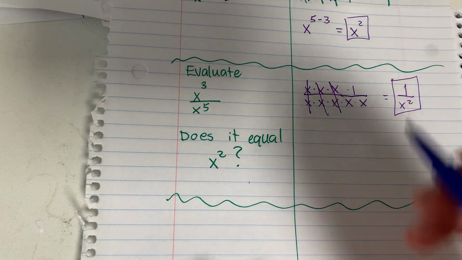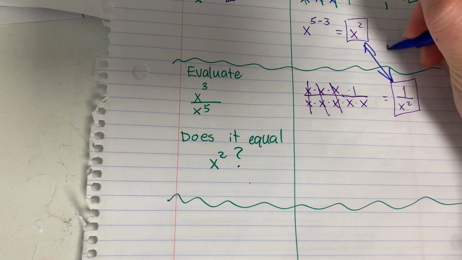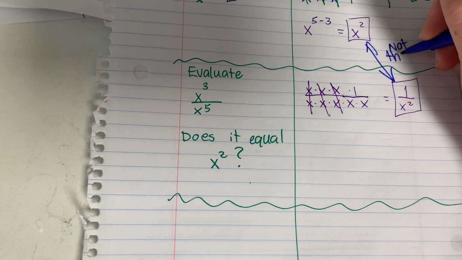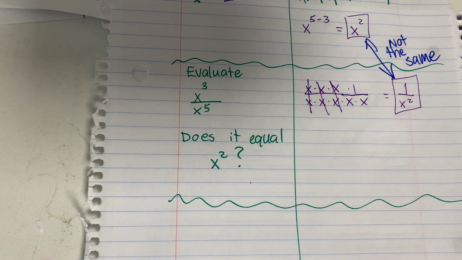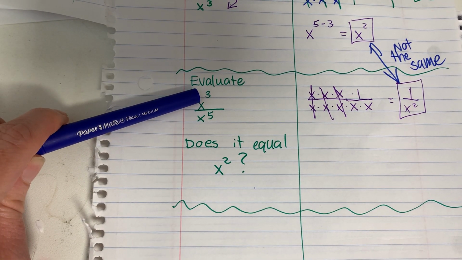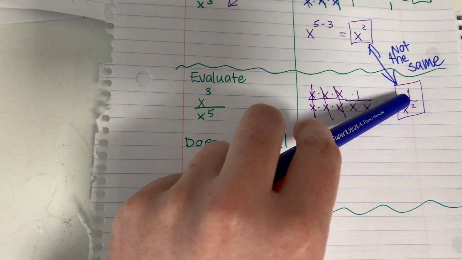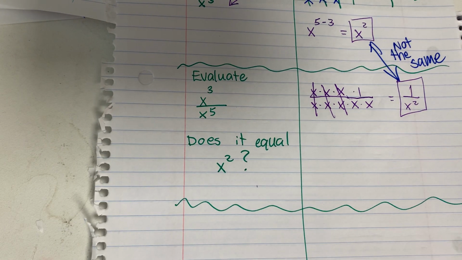No, these are not the same. So when we took the reciprocal, when we had a smaller amount of x's on the top, you can see that here. We have less x's on the top. We don't have any x's on the top, only on the denominator.